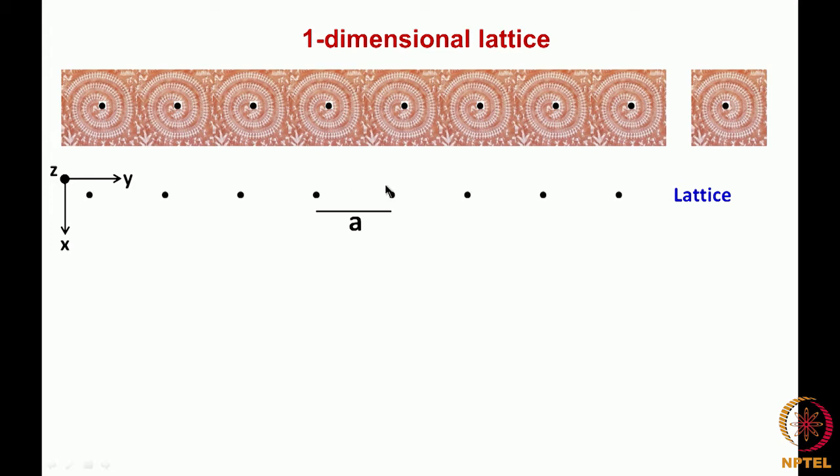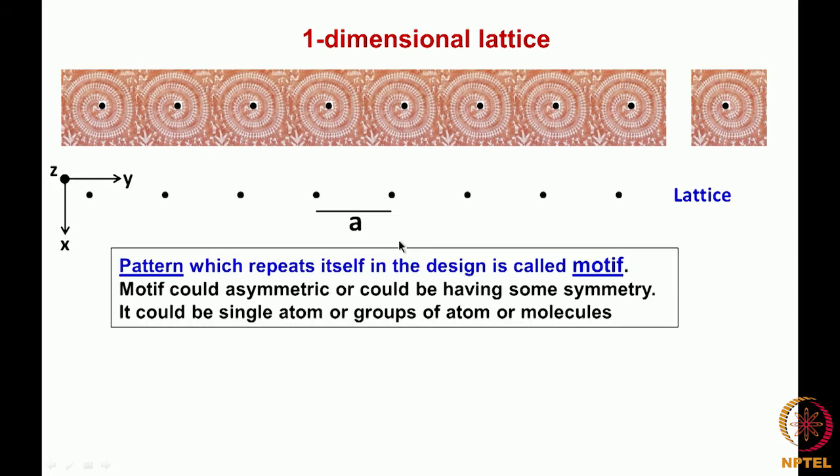Now if you look at it, when the pattern gets repeated, what is the shortest vector which is getting repeated? That is from one lattice point to another lattice point, and this is the distance at which it is getting repeated. So if you represent it by a vector A, this is the lattice parameter, correct?